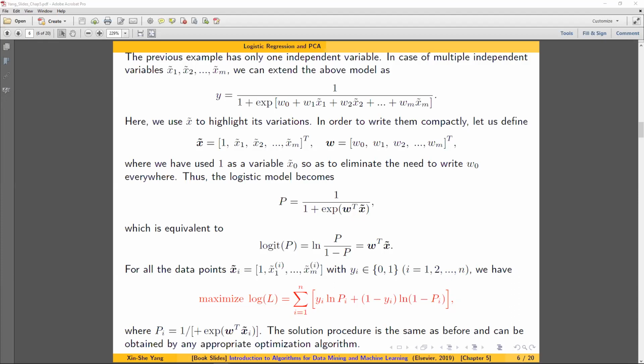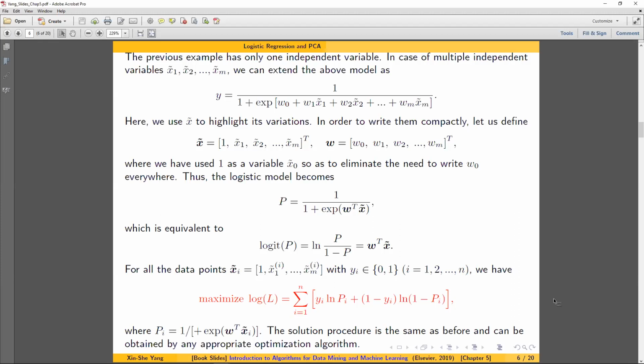Right, on page 94, it has this log likelihood, but didn't have the derivation from this multiplication to the summation, which I have just done on the whiteboard. Hopefully that helps you to understand this process.